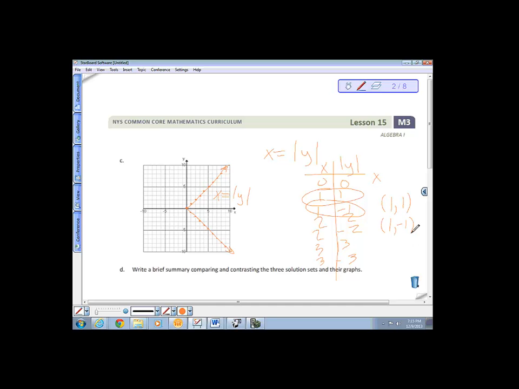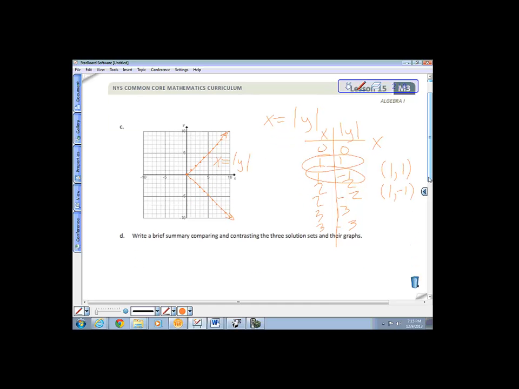All right. So comparing and contrasting some of these graphs, of the 3 solution sets, what we have, just as a message, and you can get some more detail on this in the completed notes, but the bottom line is that the graphs are all examples of absolute values, okay? But this last one here for letter C was rotated 90 degrees, and as I said, it's not an example of a function.